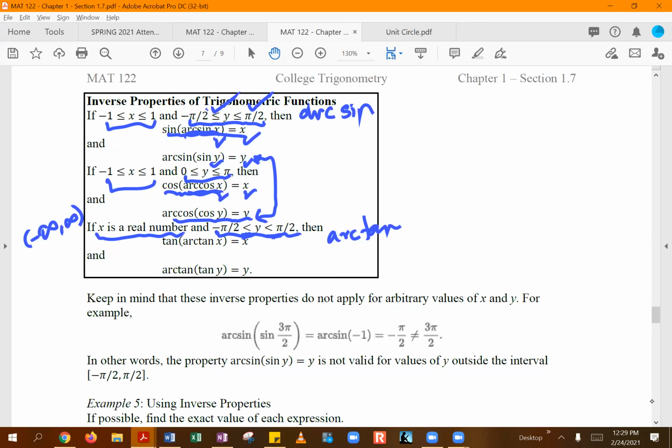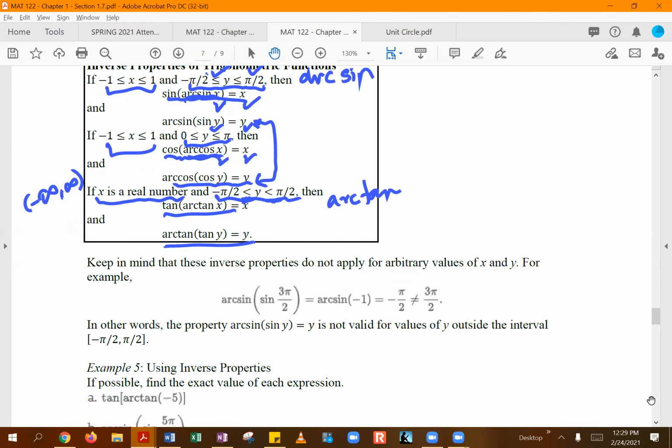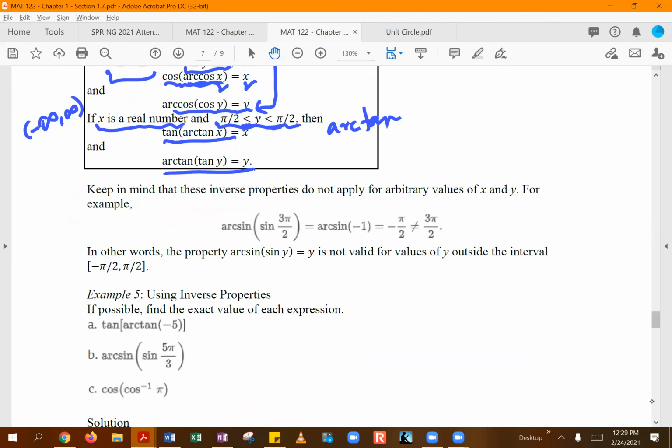That's why you're not including this for the range of the arc tangent function. And then you will, of course, notice those same properties over here. So we actually use this to help us simplify some of these expressions.